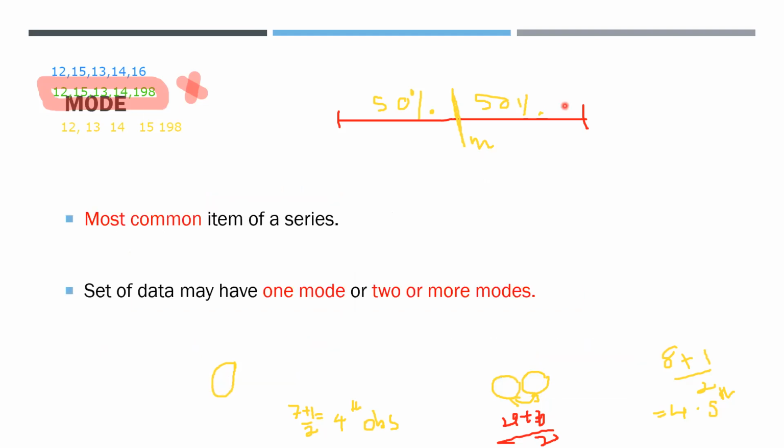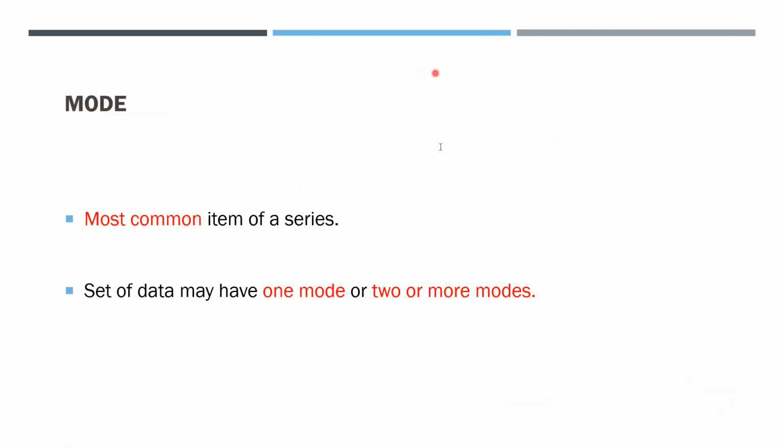measures. And the mode is the value which has the highest frequency. For example, if you have a data set like, let's say, 12, 13, 13, 13, 14, 19, what is the mode for this data set?